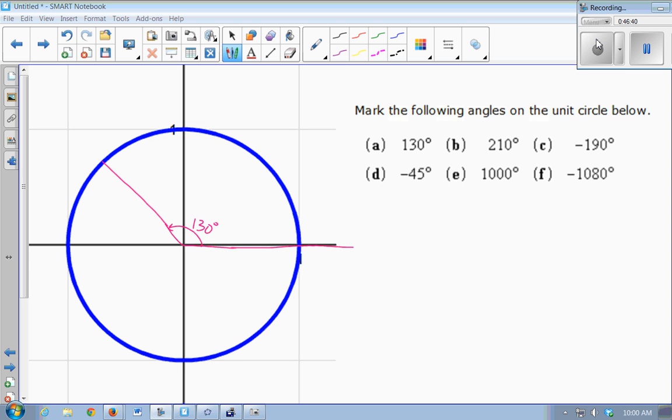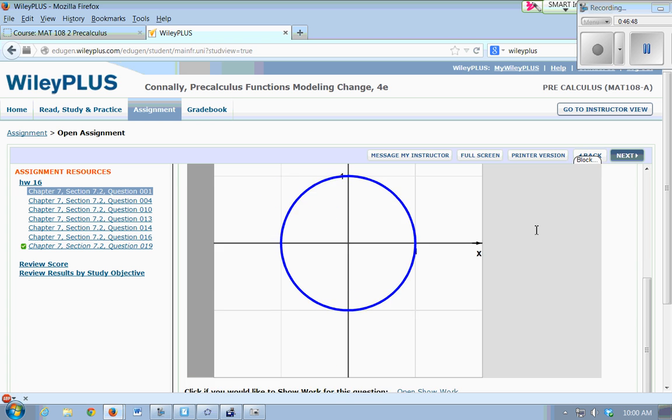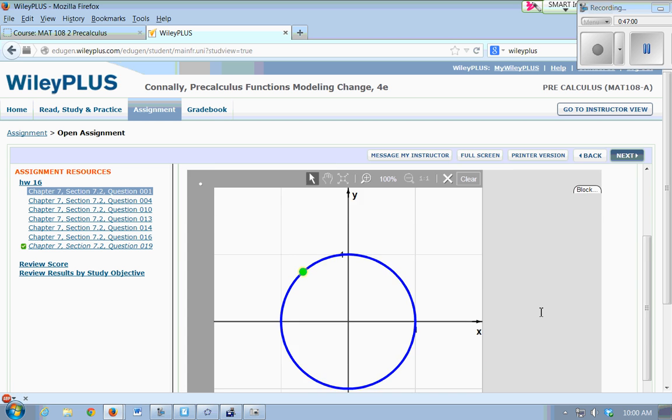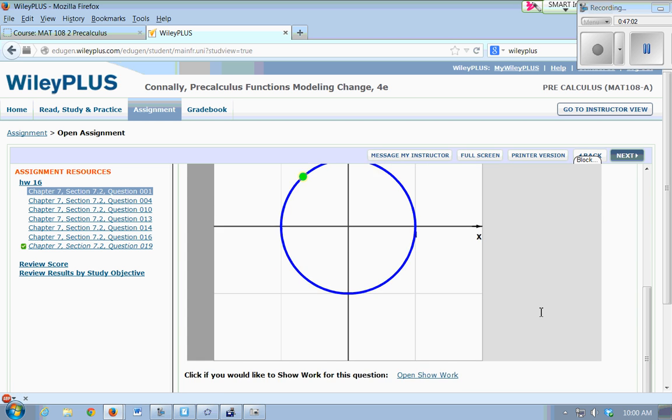And then they may have wanted you to mark it with a point as opposed to drawing an angle, which could be confusing. So if you were going to mark this with a point, you would put it somewhere here-ish. It has to be exact to figure out where the point goes.